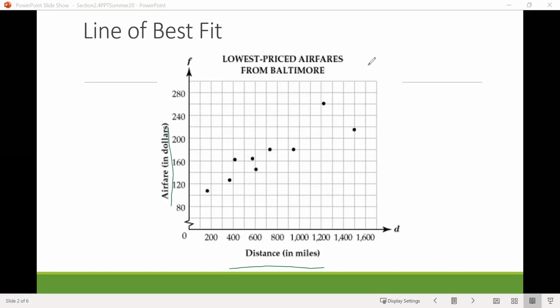For example, this data point tells us that for a flight of distance 400 miles, the price would be about $460 from Baltimore. For this one up here, a flight of about 1,200 miles, the price is probably around $260.